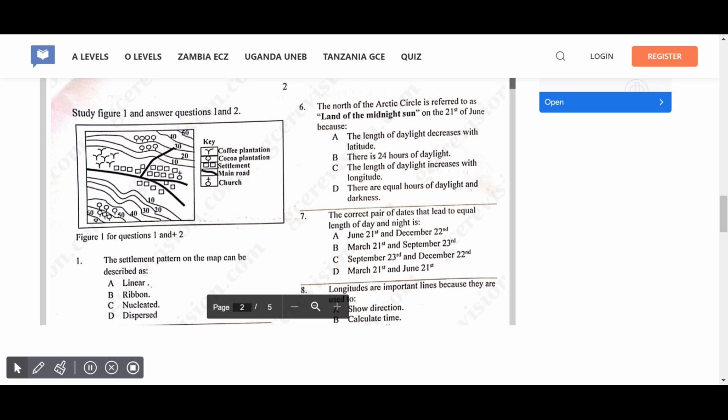The answer is B, because there is 24 hours of daylight. Question 7.